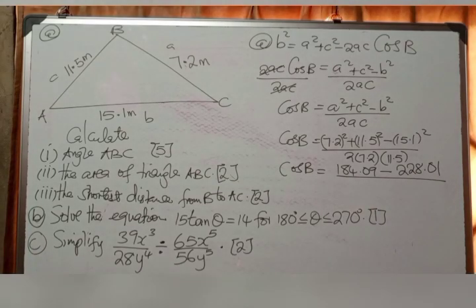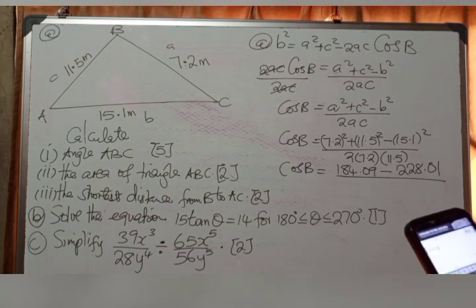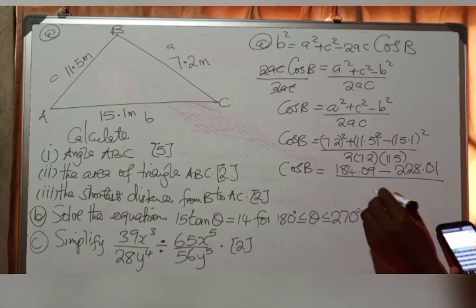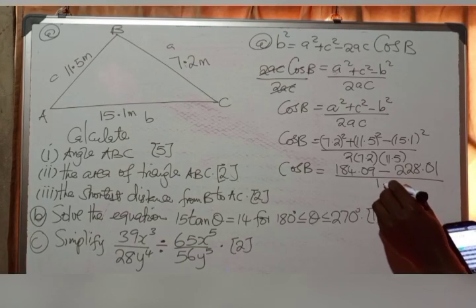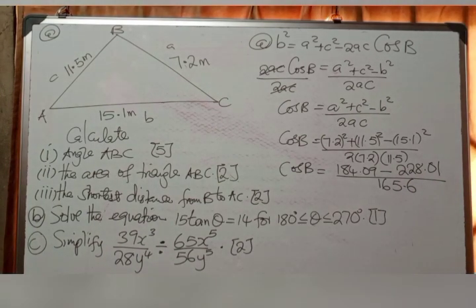Then we have that other one, which is 2 multiplied by 7.2, then multiplied by 11.5. The answer we have is 165.6. Now, we'll continue.